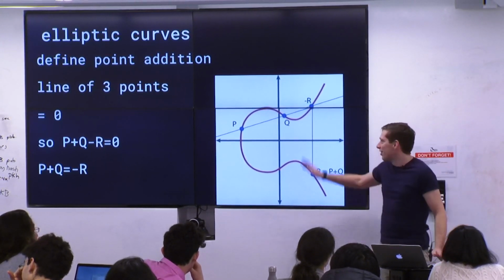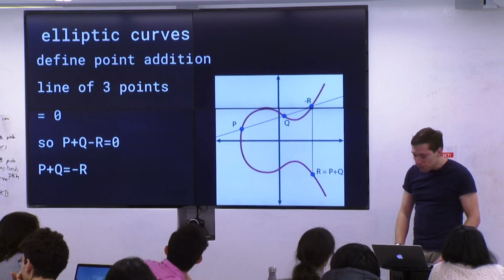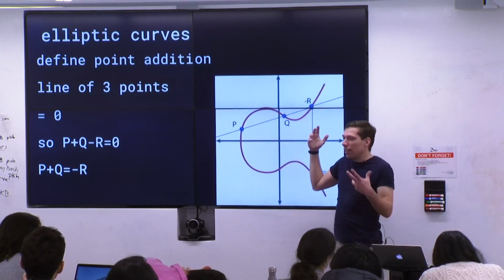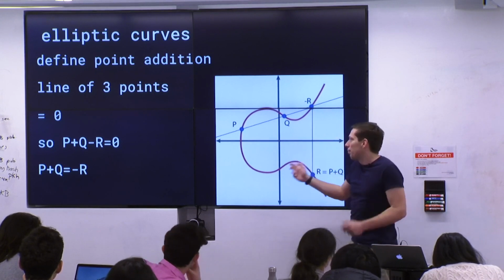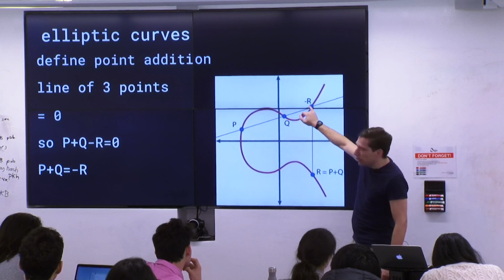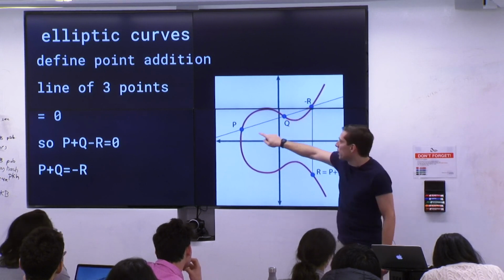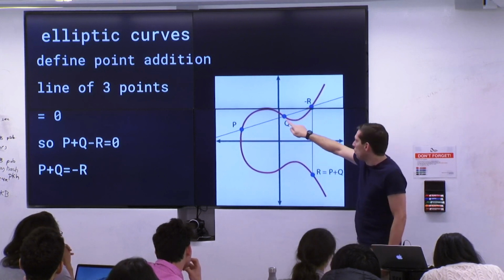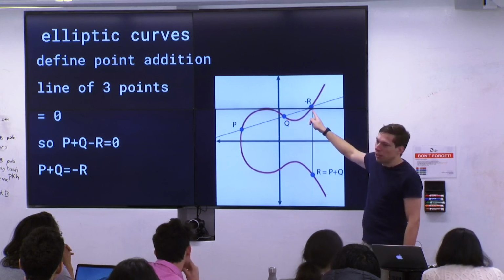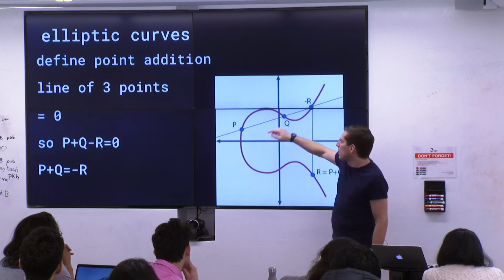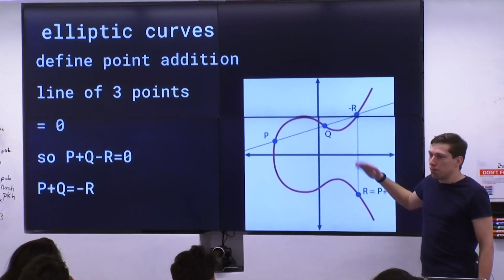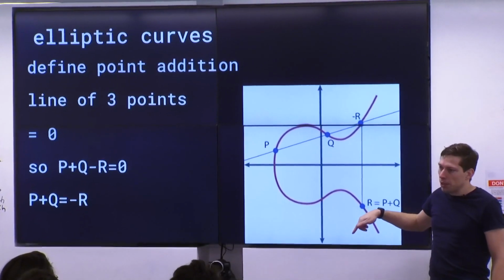But what we do is we say, okay, well, 3 points in a line equals 0. So if we take this point plus this point plus this point, that's 0. Another way to say that is P plus Q minus R equals 0, or P plus Q equals negative R. And another property is the negation of a point is just that same point with the y coordinate flipped.